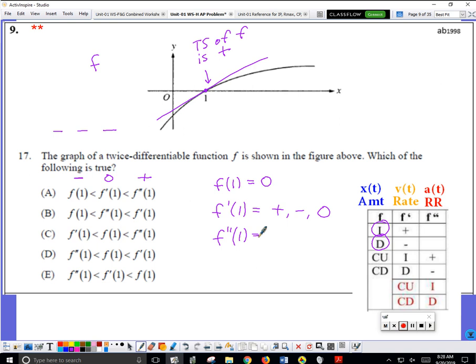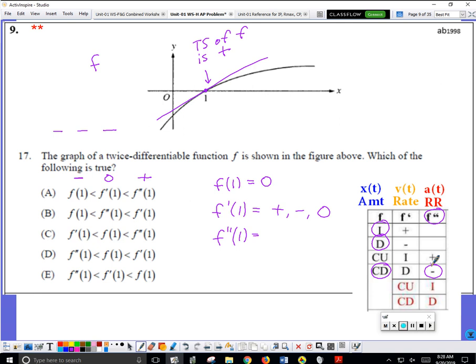What do you know about f double prime at 1? It's negative because f is concave down, so f double prime would be negative. Perfect. F is concave down, so the y coordinate of f double prime must be negative.